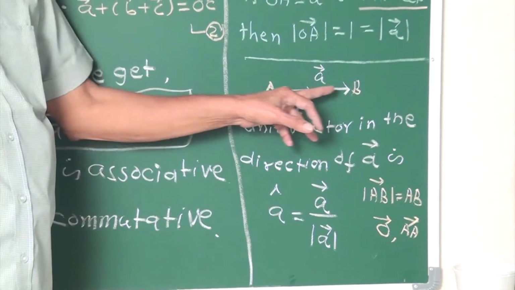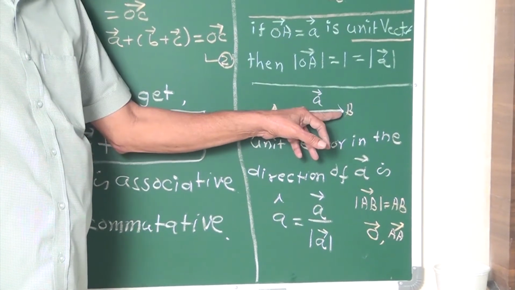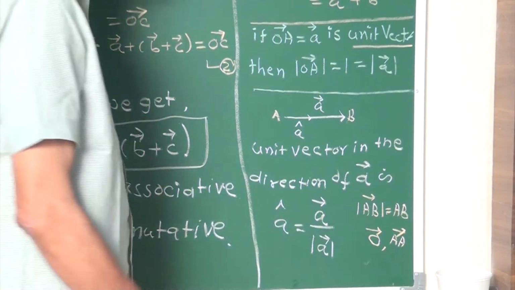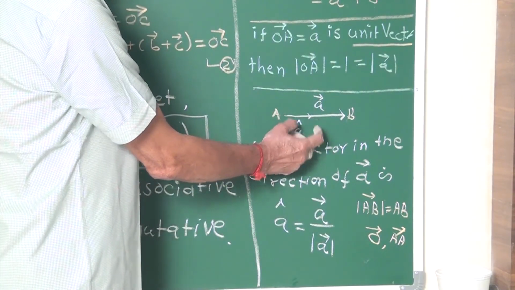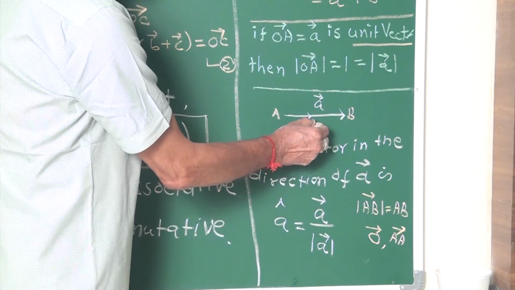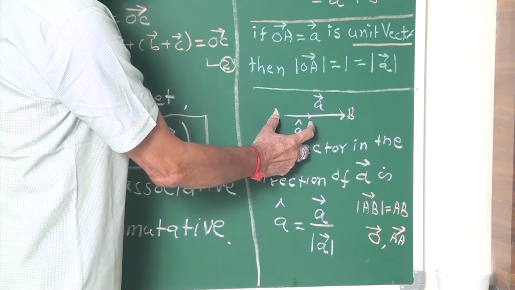Normally we have taken what? AB equal to vector A. Initial point is A, end point is B. This is the vector. Then this vector we cut with one. What is this? This is AC, or you can say anything. AC. What is its magnitude? Its magnitude is 1.